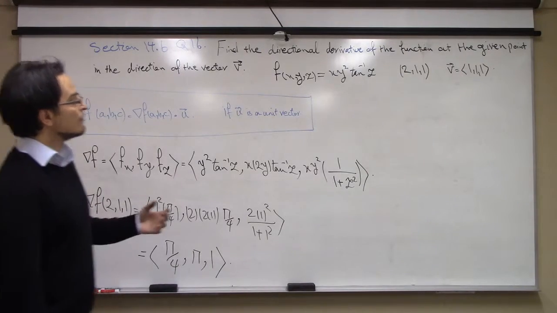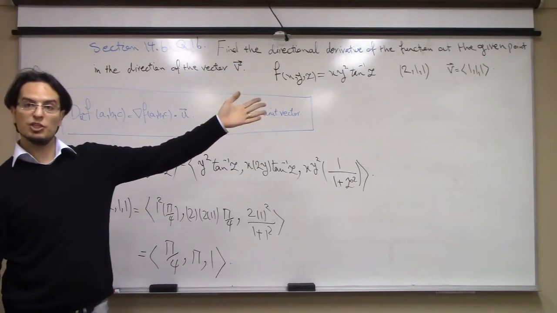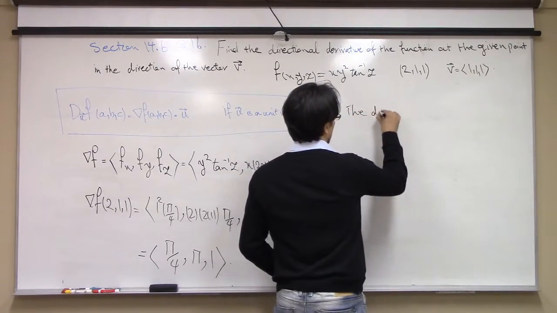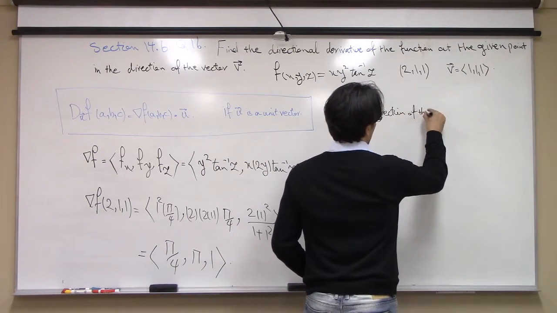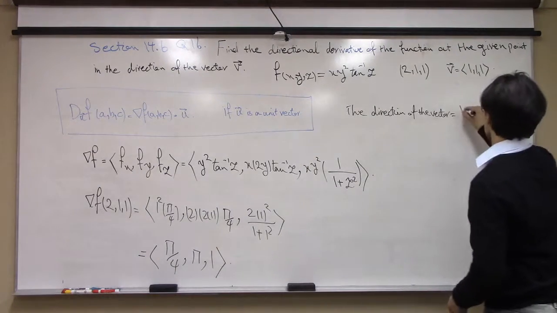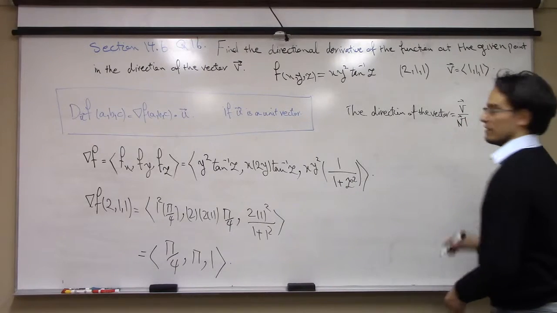Now we have to find the unit vector, the direction of the vector v. The direction of the vector is just the vector divided by its length.